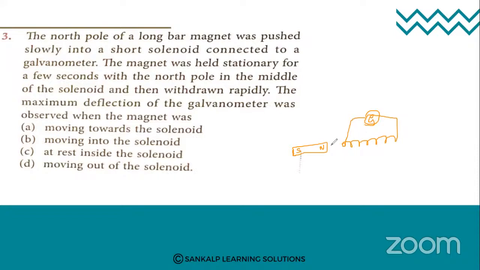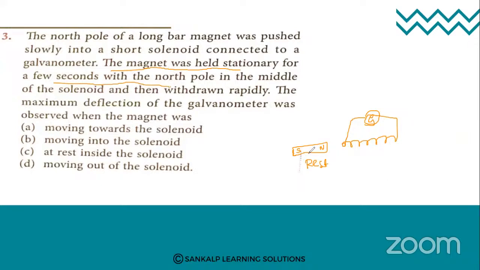The magnet was held at rest for a few seconds with the north pole in the middle of the solenoid, and then withdrawn rapidly. Understand this sentence here. The magnet was held stationary for a few seconds with the north pole in the middle of the solenoid.